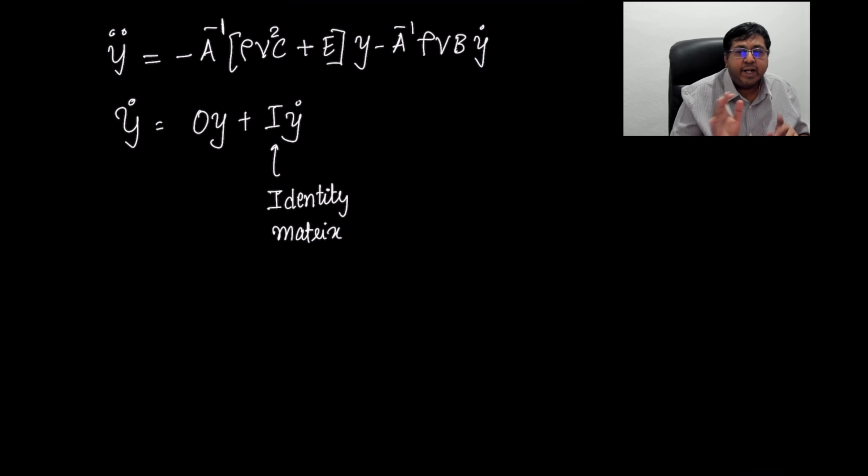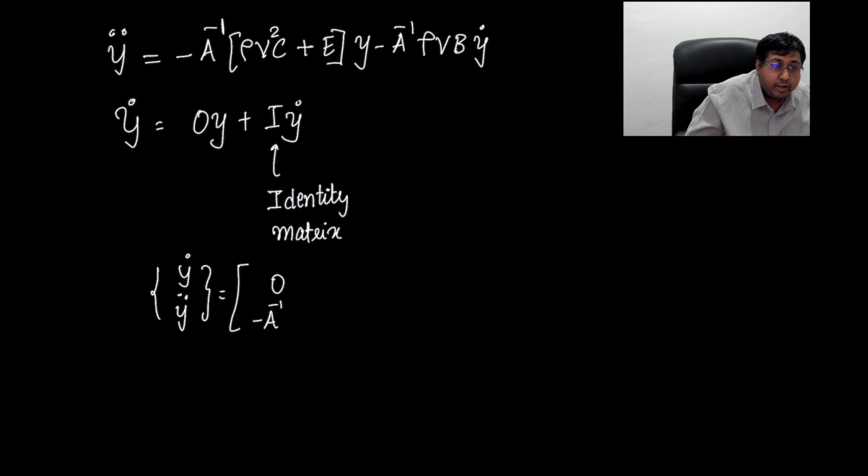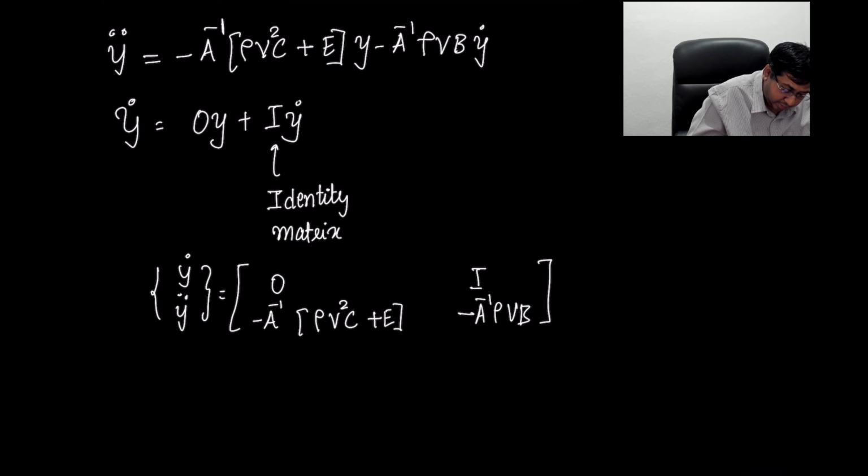So we want to eliminate the y double dot. If we rewrite all of this into matrix form, we can write y dot and y double dot is nothing but 0, I, minus A inverse into rho V square C plus E, minus A inverse into rho V B, into y and y dot.